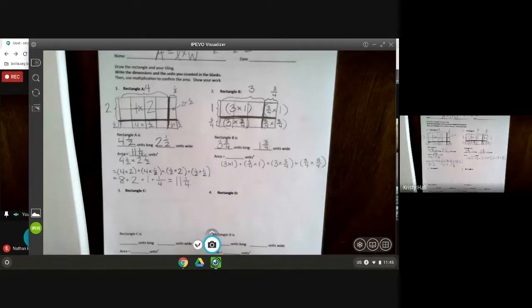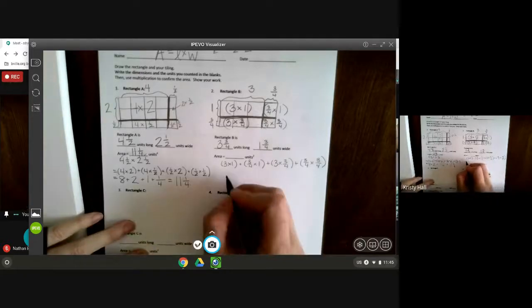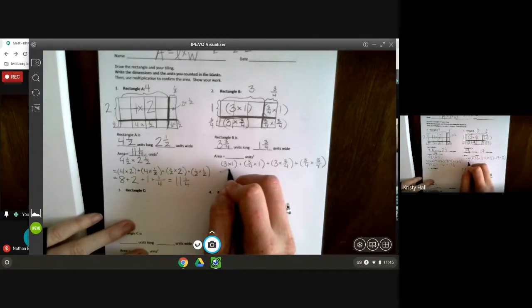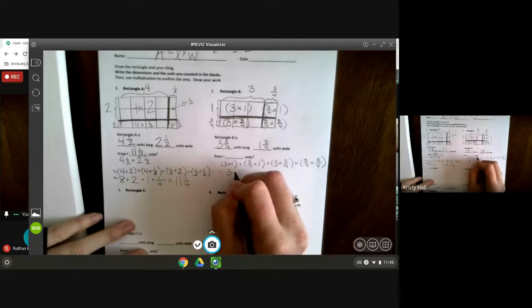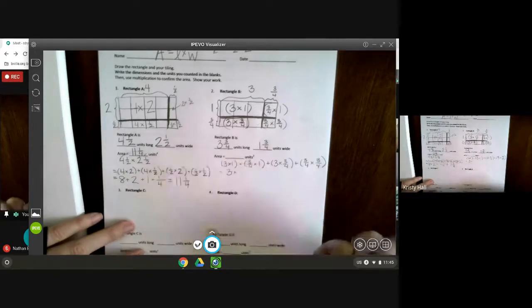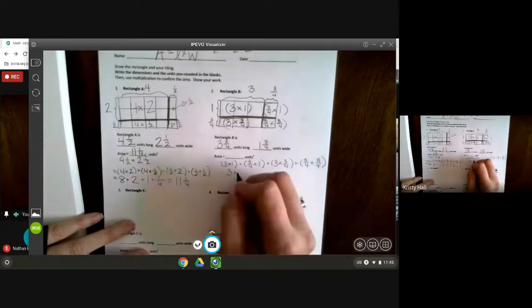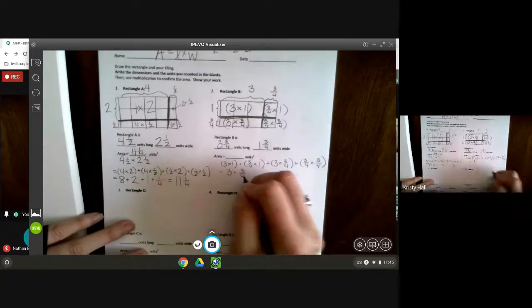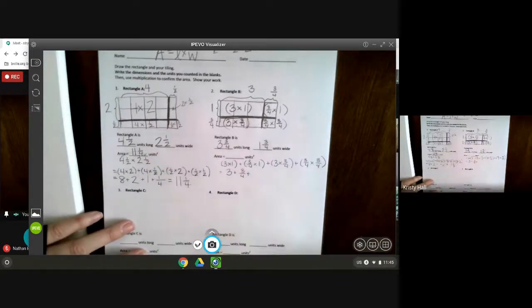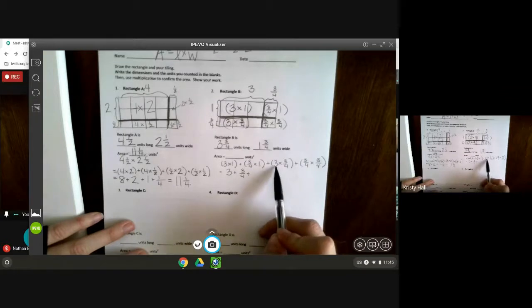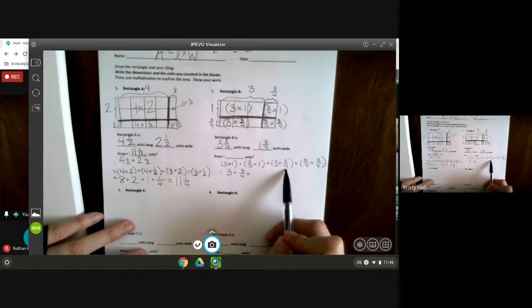Okay, so then we just start to multiply. So 3 times 1 is 3. 3/4 times 1. Well, anything times 1 is just itself. So that's 3/4. Plus, I have 3 times 3/4.